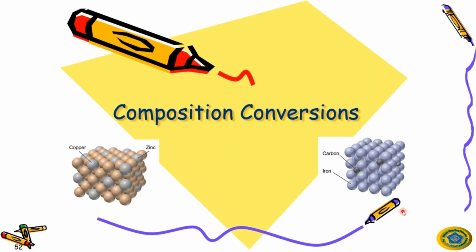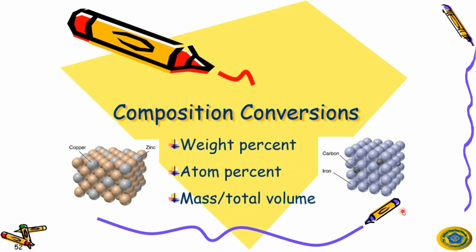The next topic is composition conversion. Composition conversion means how do you convert weight percent to atom percent? Easy, because the conversion factor is the atomic weight. I hope you still remember we talked about this conversion factor when you were in first year.